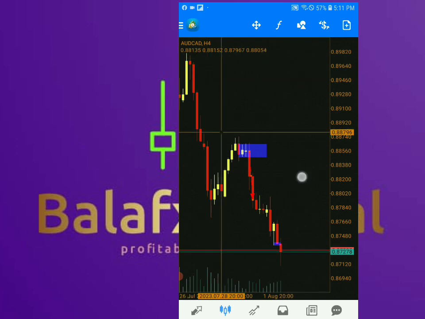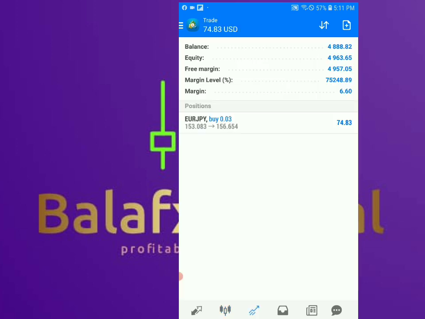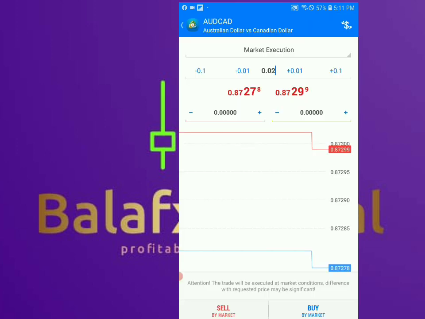So this place, like I showed you, buy limit and sell limit, you go and put them together at once.